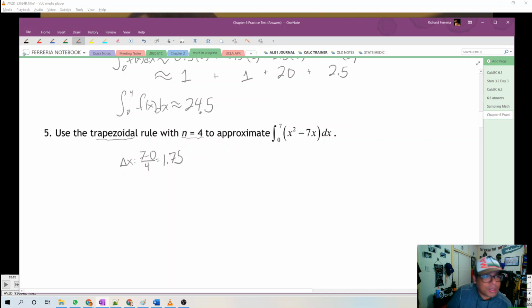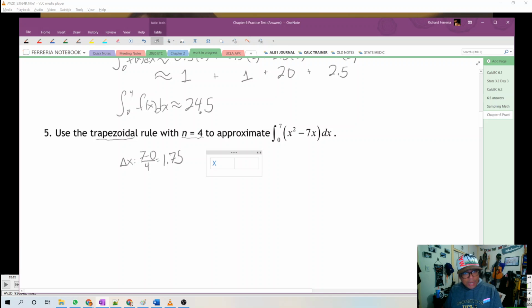Okay, so let's make a table of values first. We're going to put x.